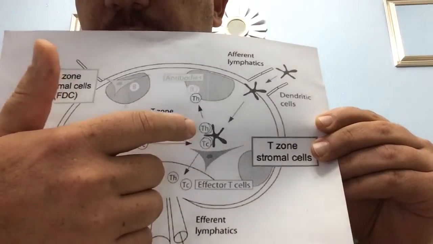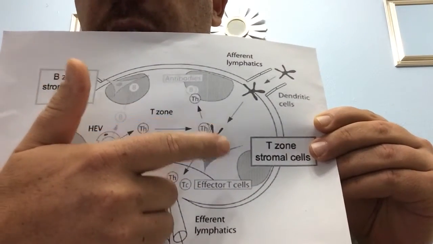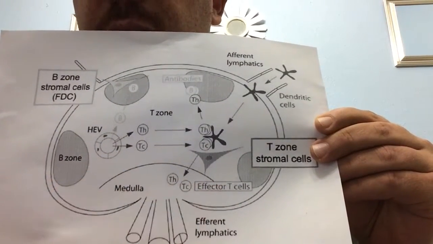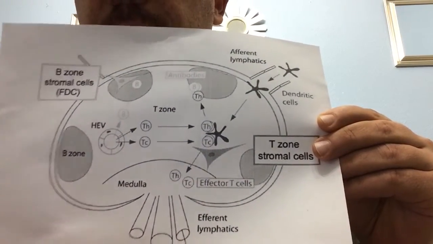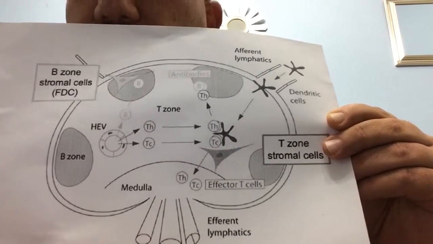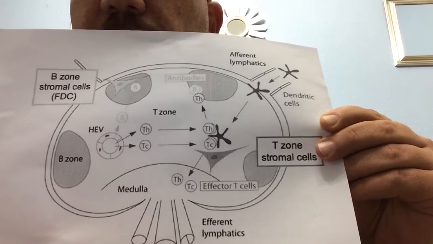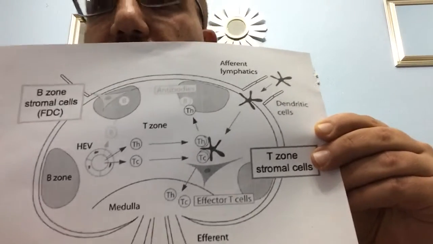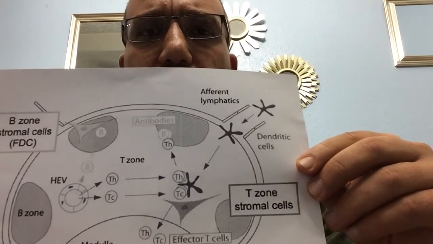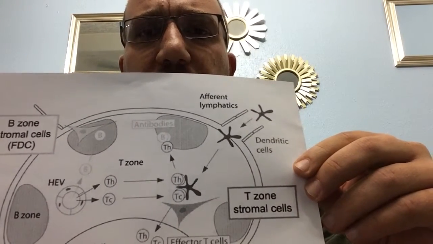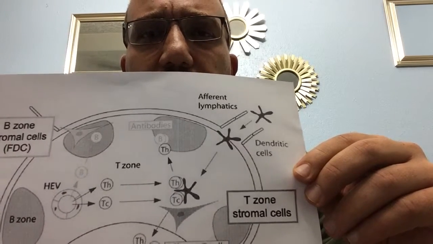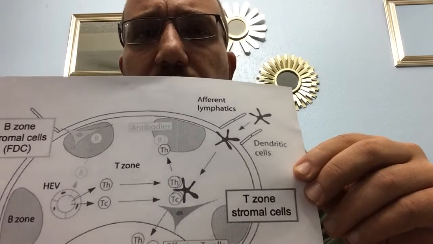As I said, under the influence of interleukin 2, this differentiation will be followed by clonal expansion of that particular type, and each of these types has its own function. For example, T helper 1 will secrete interferon gamma and tumor necrosis factor, and these are active against intracellular microorganisms.